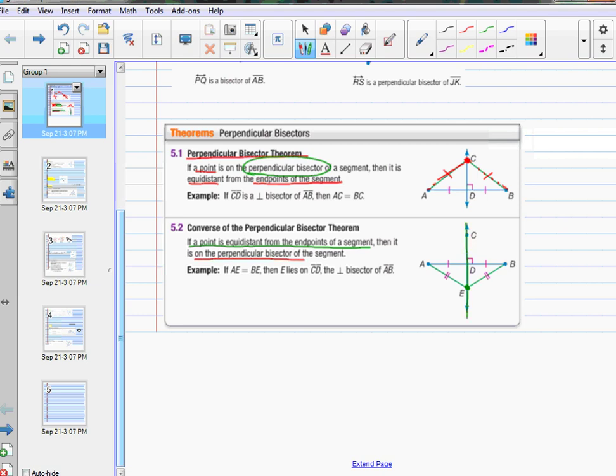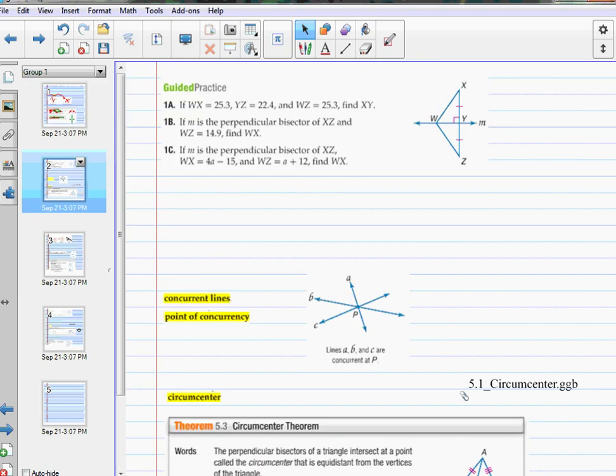If I draw this line, it would have to be a perpendicular bisector for point E to be equidistant from the endpoints. Same theorem and its converse, just change the order of those two things. So there's the first fact for today, perpendicular bisectors.